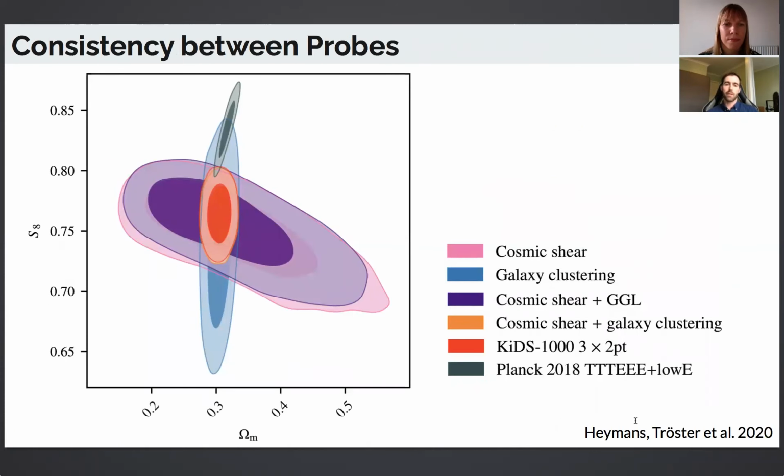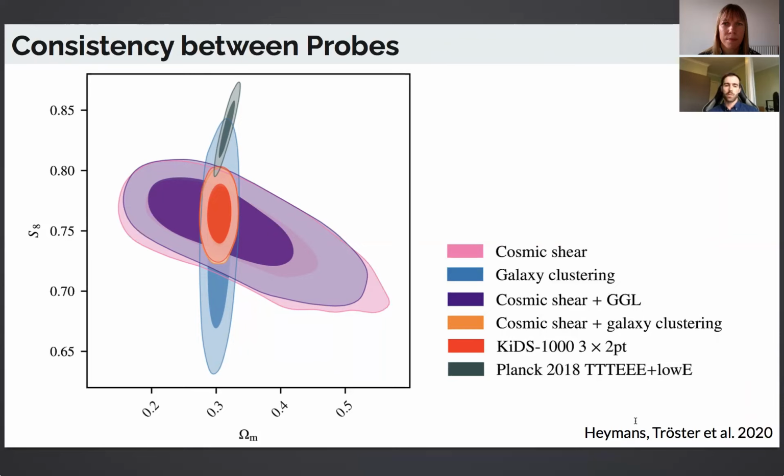So in pink, we have again the cosmic shear only results. These are the same results that Catherine showed before. If we, on top of that, add the galaxy-galaxy lensing, we go to the dark purple. Now, because we have to cut all these small scales that have all the lensing information in galaxy-galaxy lensing, adding galaxy-galaxy lensing doesn't actually increase our constraints by much.